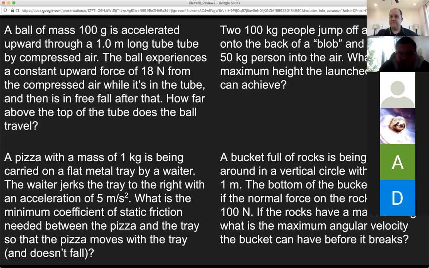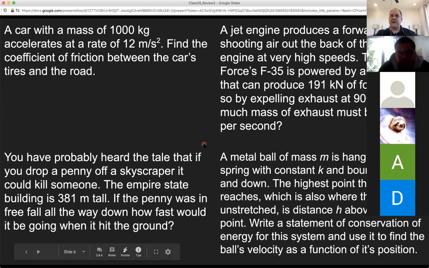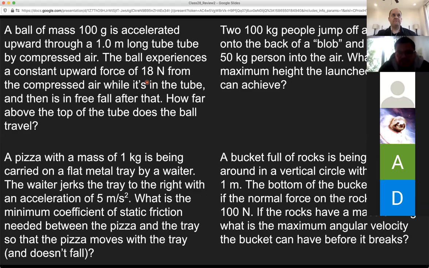Are these the only problems that we're going to look at? So there's this slide, and that slide. So you got 12 of them. You said they're in the email?